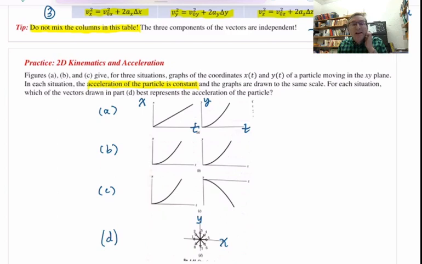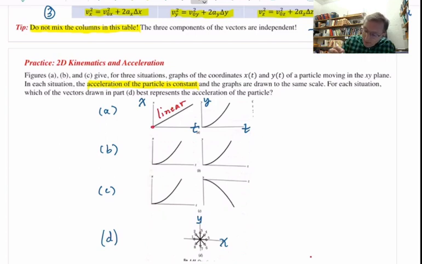So let's take graph A and just look at the x graph. X versus t, right up there in the top left graph. The main thing to note about that graph of x versus t is that it's linear. Yes? It's linear. And it starts from the origin. So if I want to apply a constant acceleration equation for x versus t, it'll be constant acceleration equation 2, because that's x and t.